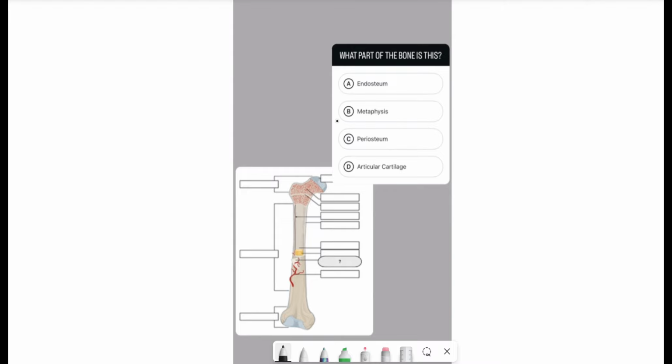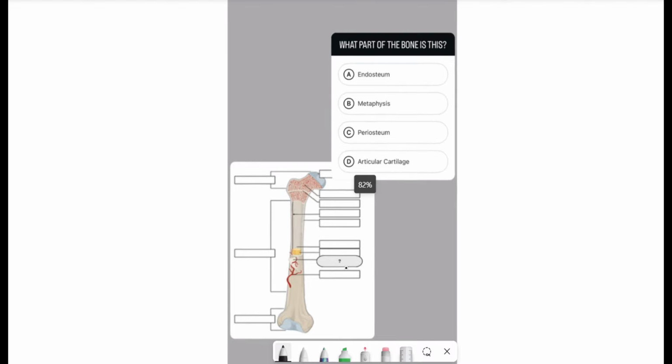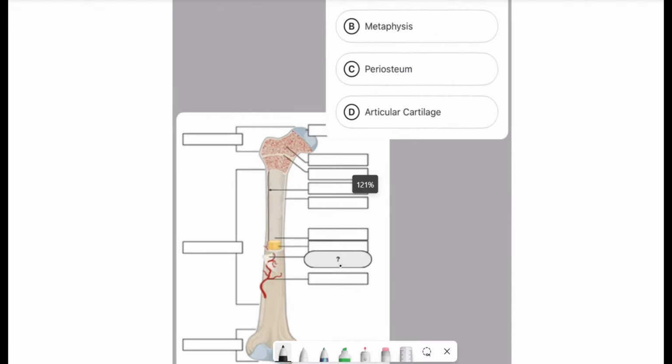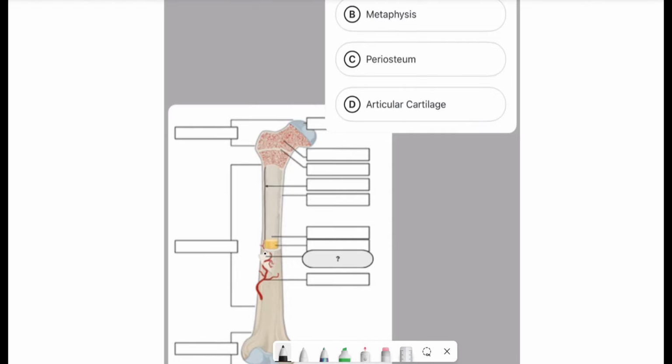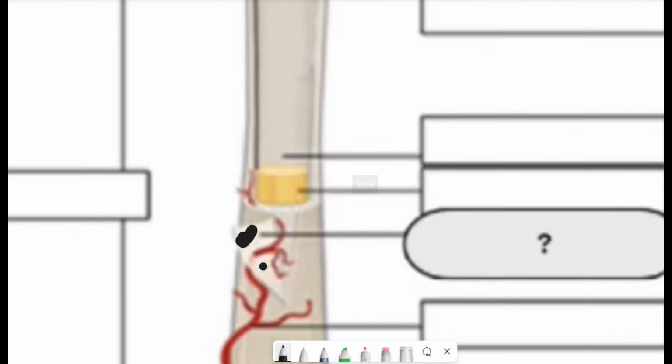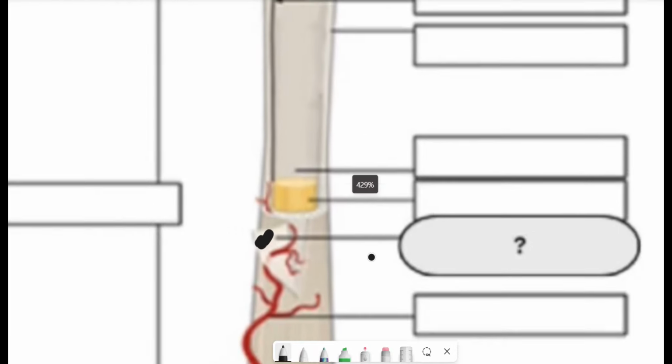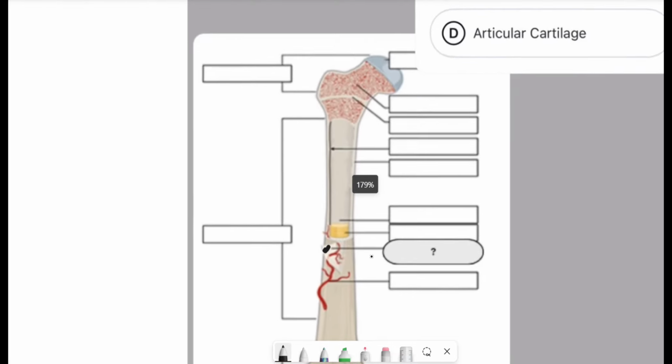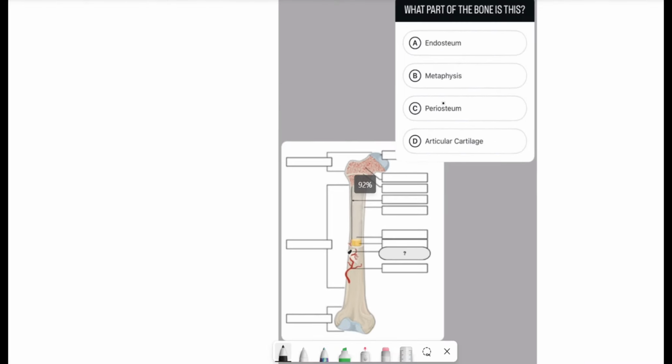Alright, what part of the bone is this? So we can see here that this is pointing to this little covering right here. I don't know if you guys can see that good enough, but there's like a little kind of flap going backwards. Anyways, so we should be able to determine from that is like an outer layer, outer covering of the shaft of the bone.